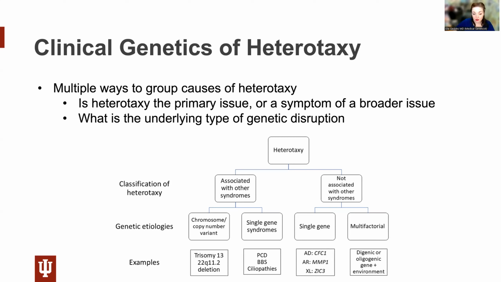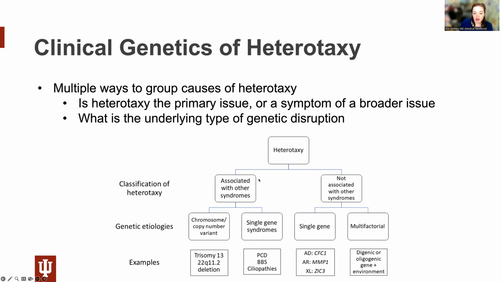Those can be complete bookcase differences. Those can be copy number variants or missing or extra books. And some examples of syndromes that can have heterotaxy as a symptom are things like trisomy 13 or 22q deletion syndrome.